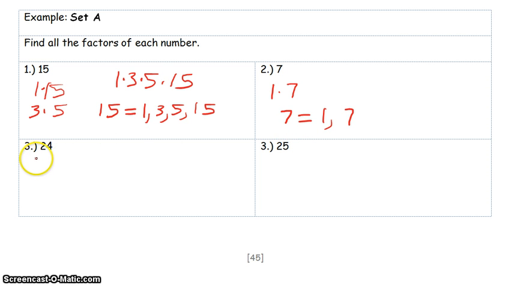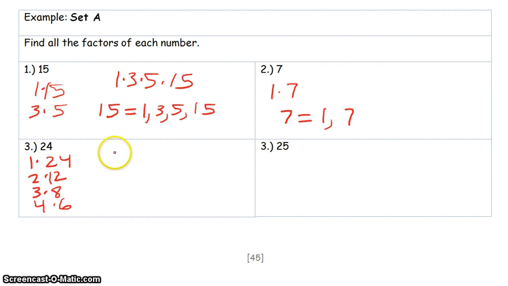Now we come to 24. So we take 1 times 24, 2 times 12. We have 3 times 8. And we also have 4 times 6. And there's nothing else that we could think of that would give us 24.